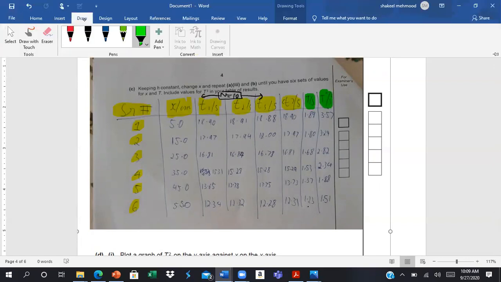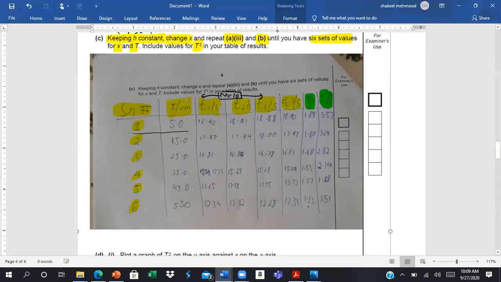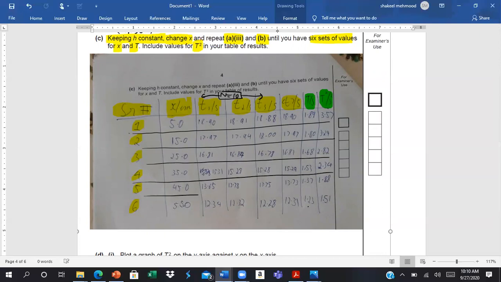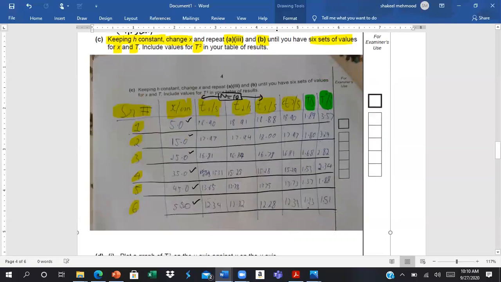So if you look carefully at the data, the first one is this one, this is the second one, this is the third one, this is the fourth one, fifth one, and beta sixth one. So the first reading is 5.0, then 15.0, 25.0, 35.0, 45.0, and 55.0. Let me tell you a very, very important thing over here, and that thing is related to x.